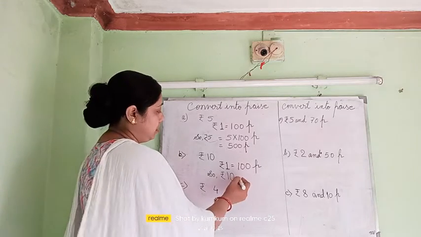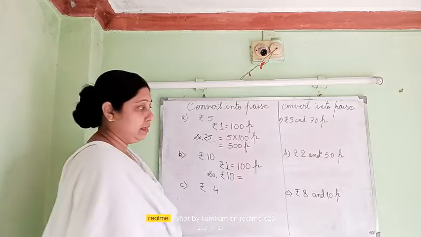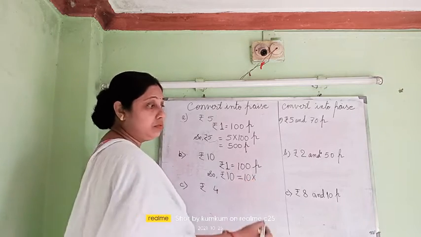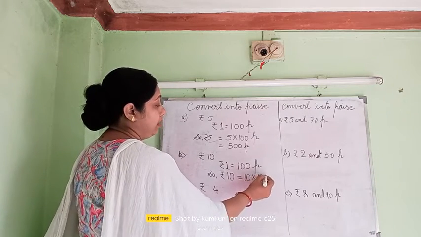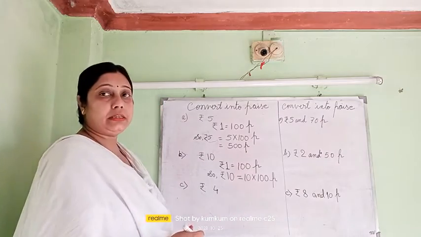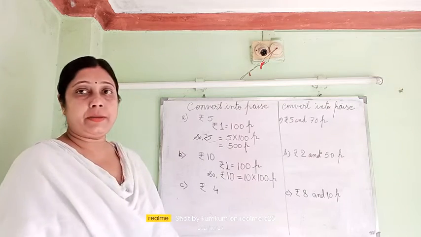So equal to, what will I do? I will multiply. So now 10 into 100 and small p. Small p denotes paise. So 10 into 100 paise.